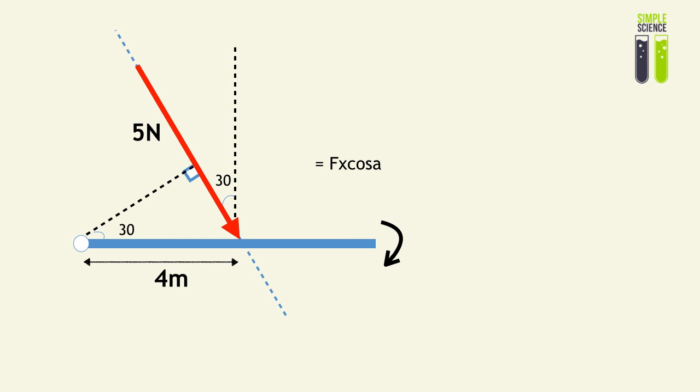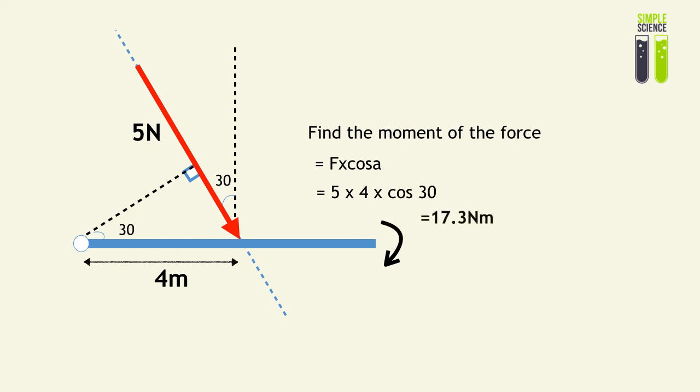That is x cos A. And we know A is equal to 30, and that small angle down there is also equal to 30. So x cos A is equal to 4 cos 30. And you want to multiply it out, 5 times 4 times cos 30, which should give you 17.3 newton meters. So this thing is turning with a moment of 17.3 newton meters clockwise.